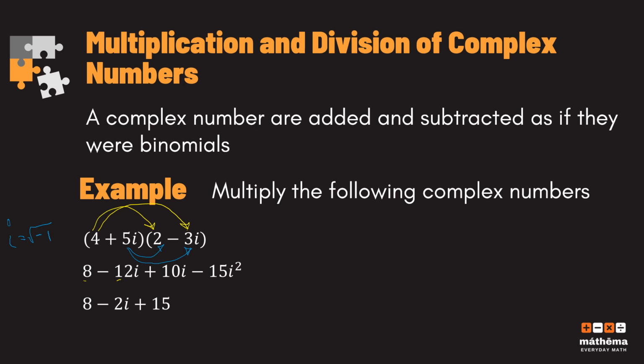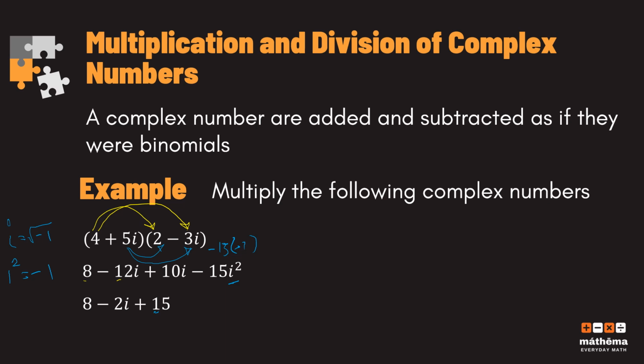So if we have i squared, this is just equal to negative 1. Now, here we have i squared, right? So this is just equal to negative 15 times the negative 1. And that will give us positive 15. That is why we have here 8 minus 2i plus 15.